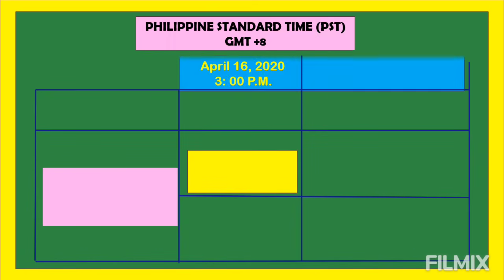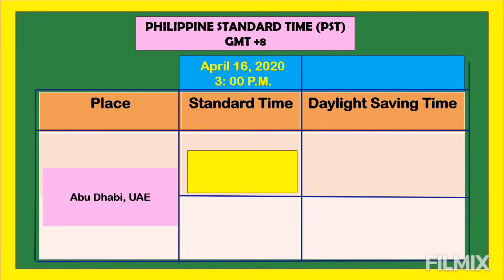Okay guys, next is from Abu Dhabi, UAE, Muscat, Oman, and Dubai, United Arab Emirates. If you have some friends, relatives, and loved ones living or working there, their time zone is GMT plus 4. So, the time difference is 4 hours.